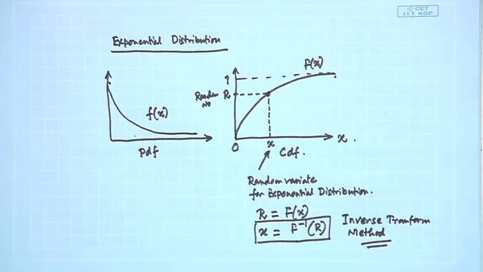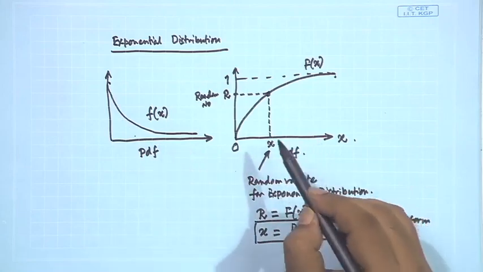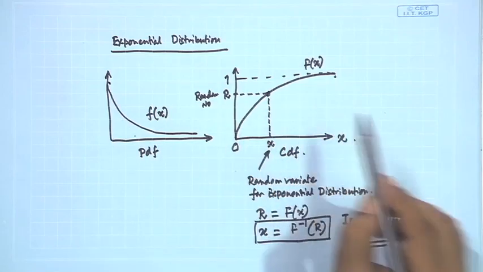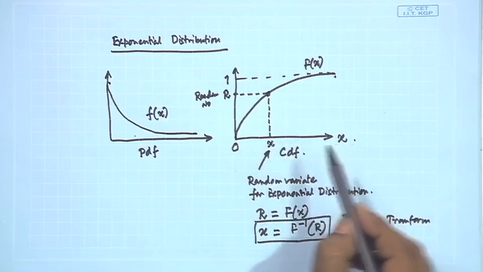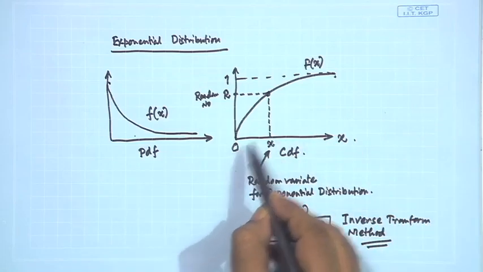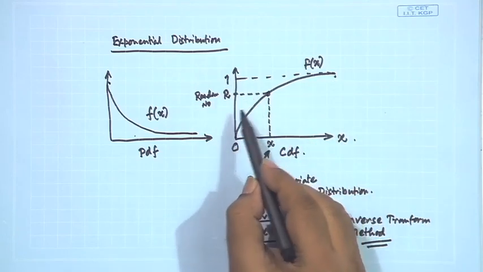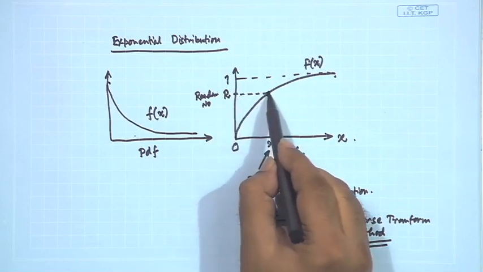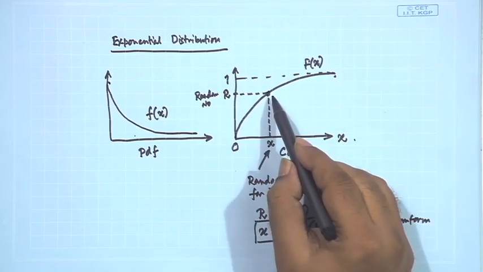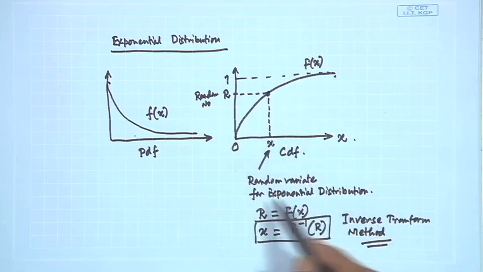All right. So, we have the probability density function, we have the cumulative distribution function, and after that we take a random number, which will be between 0 and 1. That random number can be projected onto the cumulative distribution function, and that corresponding x value would be the random variate.